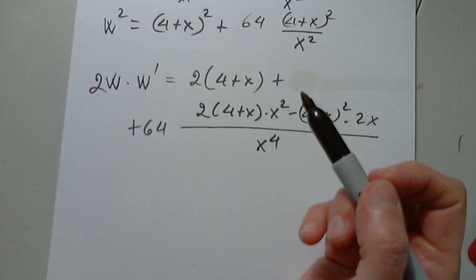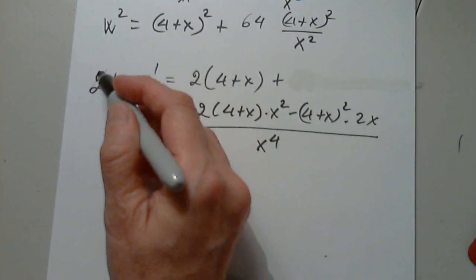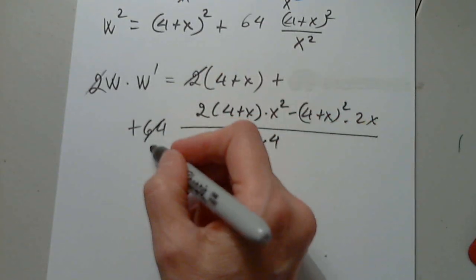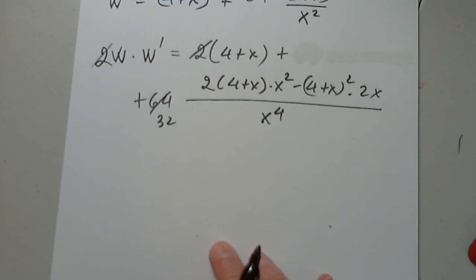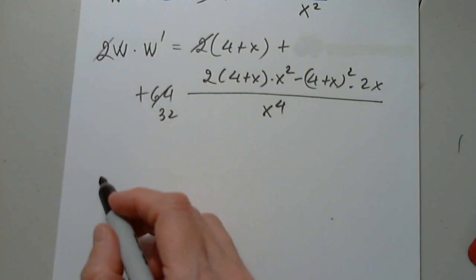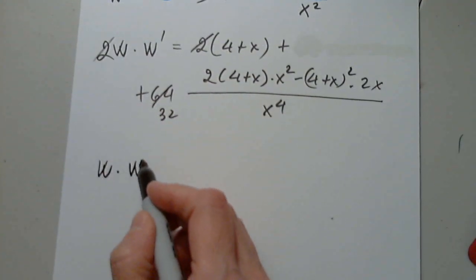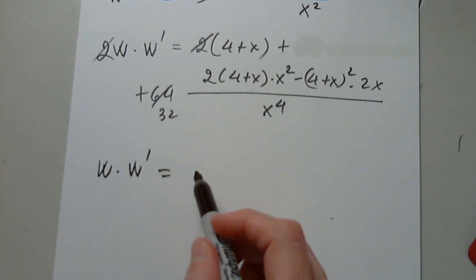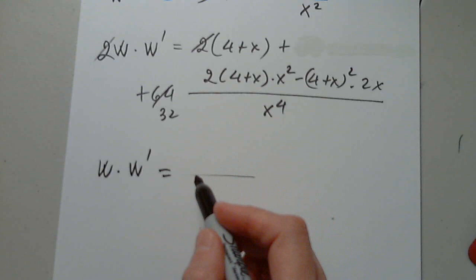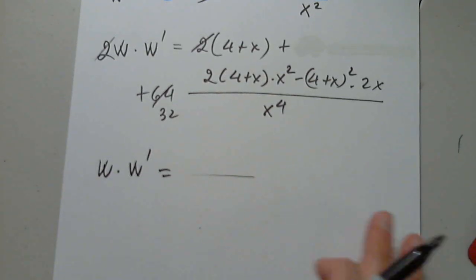Okay, I will simplify by 2. I have w times w prime. No, I cannot do that just yet.